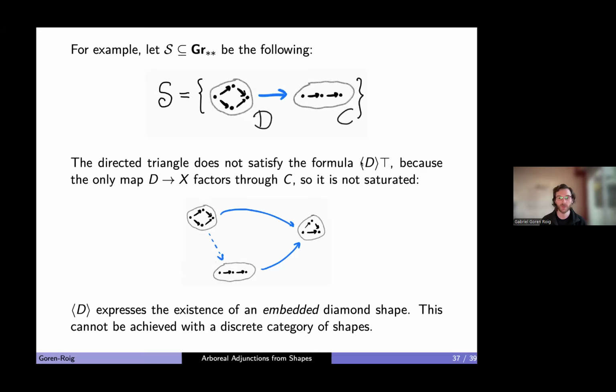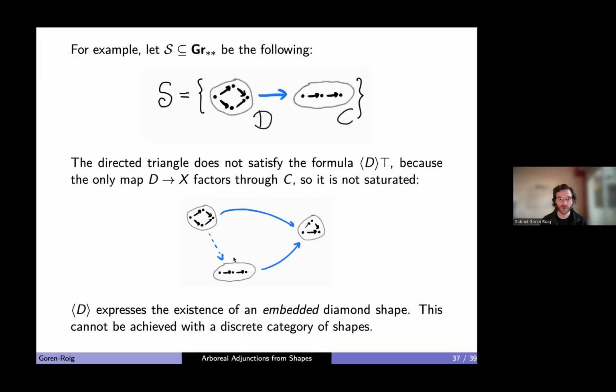We should read it as: there exists a saturated morphism from D to our graph, such that true. So that's all. There exists a saturated morphism. And as I just said before, there is no saturated morphism. So this formula is false in the triangle, starting from the leftmost vertex.